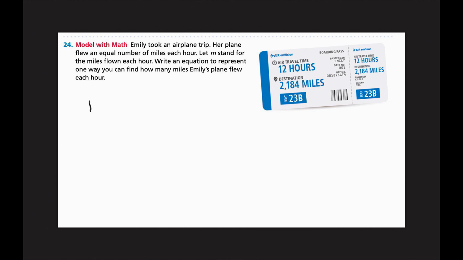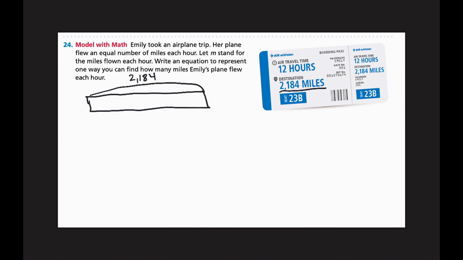Draw yourself a tape diagram. Okay. Do I know the total amount of miles that she flew? Yeah, I do. It's right here. Okay, so my whole tape diagram is going to be worth 2,184.